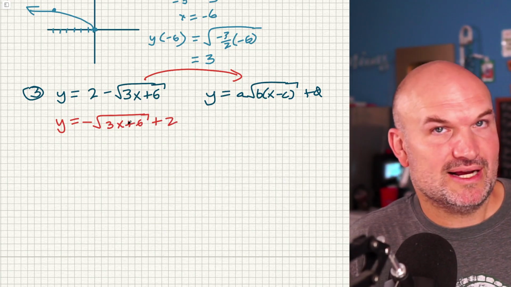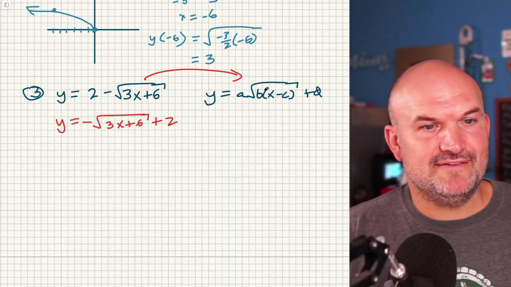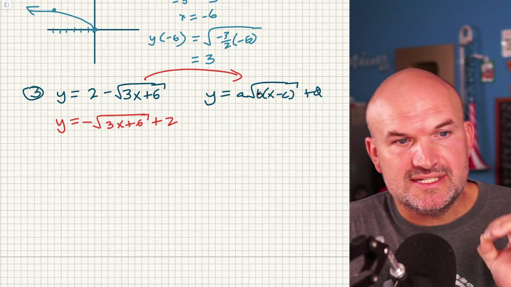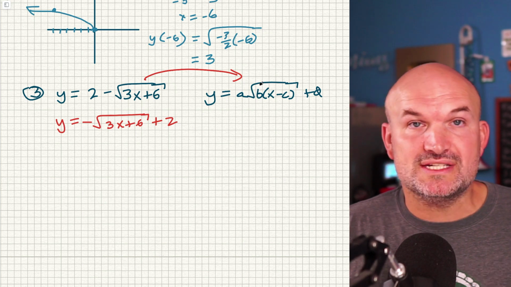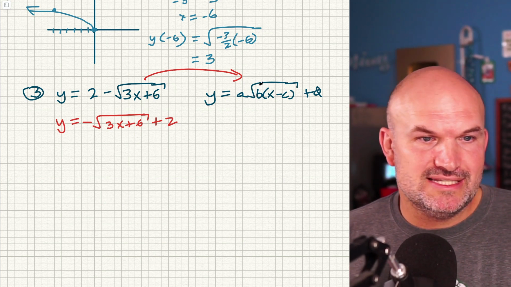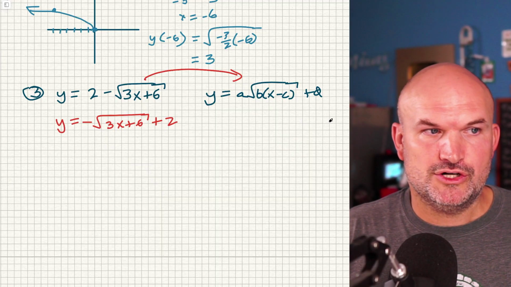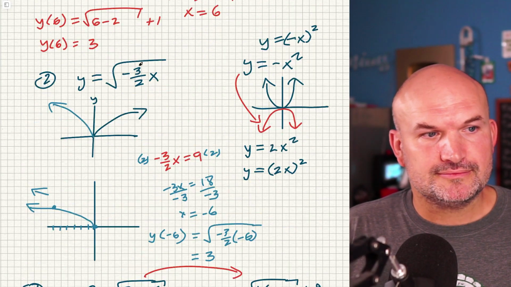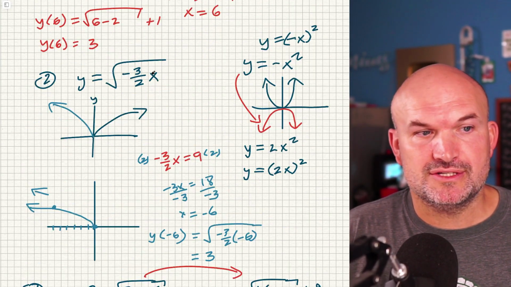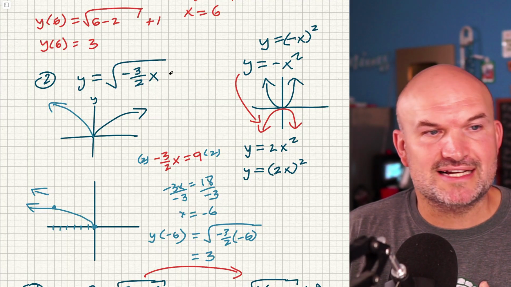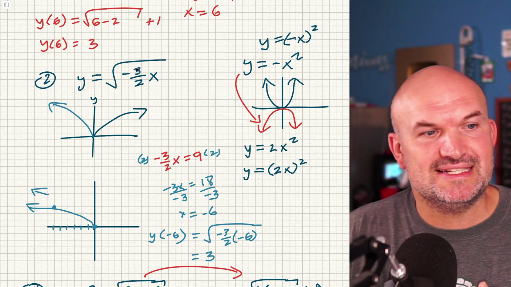Now, the next thing I need to recognize is that in this example, I have b times the quantity x minus c. That's really important because if I need to understand what my horizontal stretch or compression is, I need to make sure my x has a coefficient of 1. So I need to factor out any term. Back over here, I didn't have any horizontal transformations, so there was no x minus 1 or x plus, and I didn't have to worry about that.